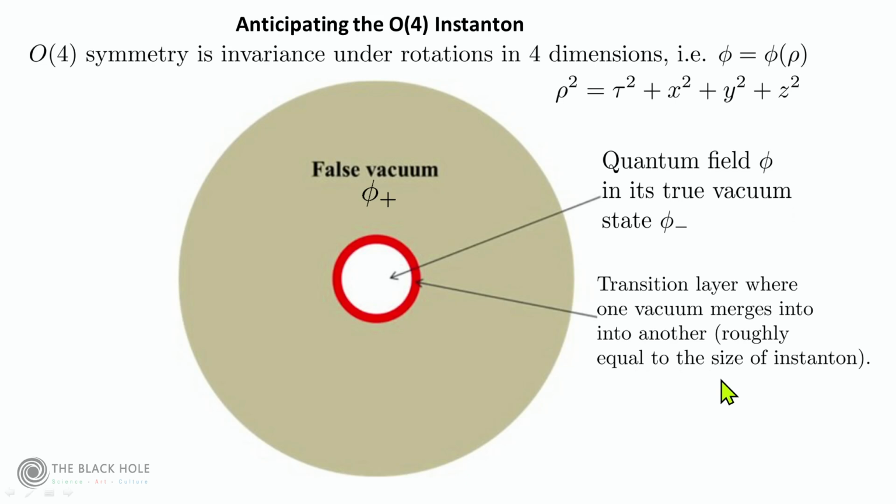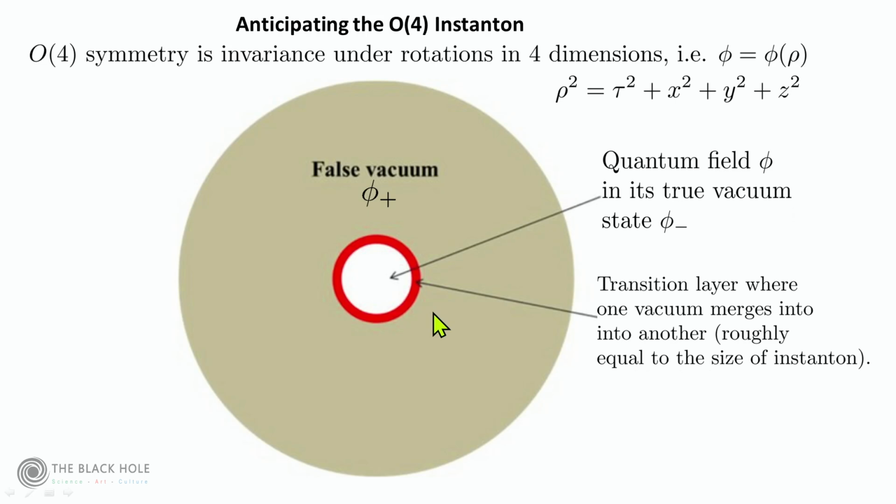And just to give you a preview, I haven't derived anything as yet, but the instanton in this quantum field theory will be a false vacuum outside, the true vacuum inside a bubble, and a transition layer where the two vacua merge into each other.